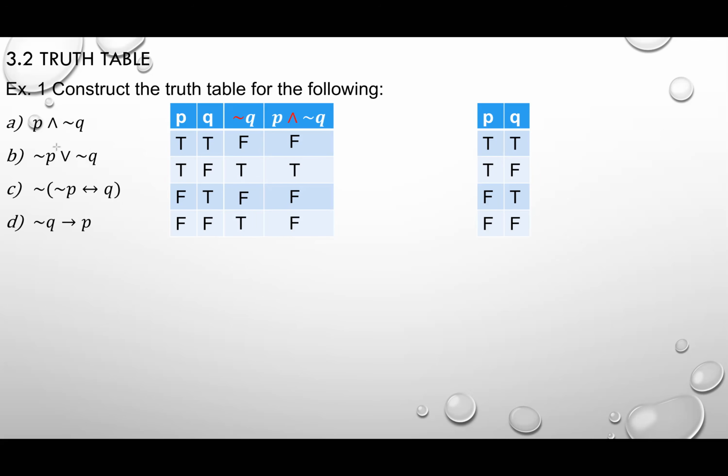Same thing, looking at this B. Do you agree that this is my connector? My connector is the or statement, the disjunction. And if you remember, the or statement says the only time that it is false, the result is false.